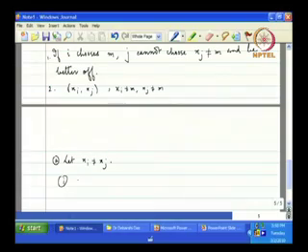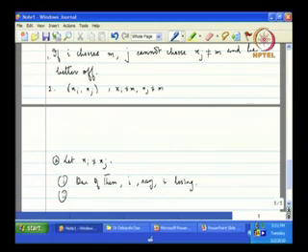Now, if xi is not equal to xj, there is a possibility that one of them, let us say i, is losing, and the second is that nobody is losing, which means this is a tie.